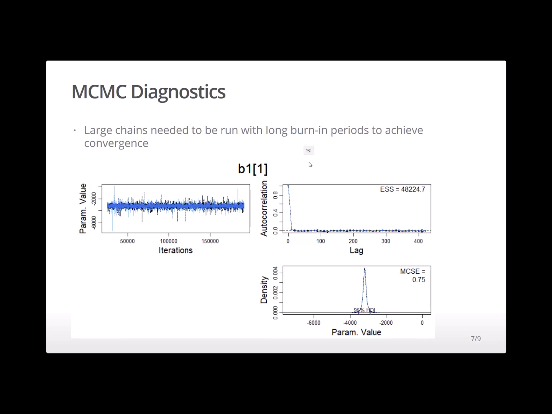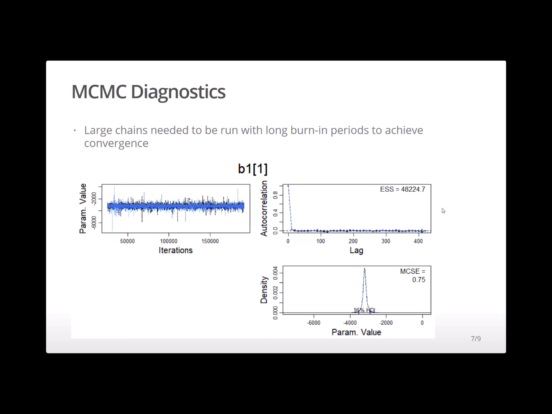Just for brevity, I'm only showing you the beta 1 diagnostics. You can see it all hovers around a certain value of centrality with a few deviations, mostly around maybe 30,000. The effective sample size was quite large, but that was only because I had to thin quite a lot.